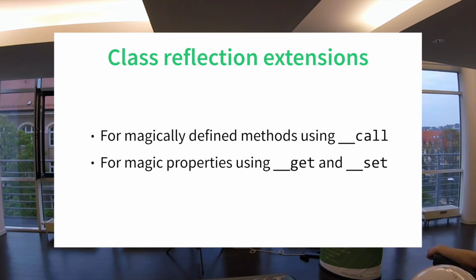So you can tell which types those properties are and which methods are defined, etc. And you can use any logic you want. For example, if you are accessing a property, but actually you are forwarding that call to some method that has the same name or some generated method name, you can write a class reflection extension to have those properties defined and known to the static analyzer.